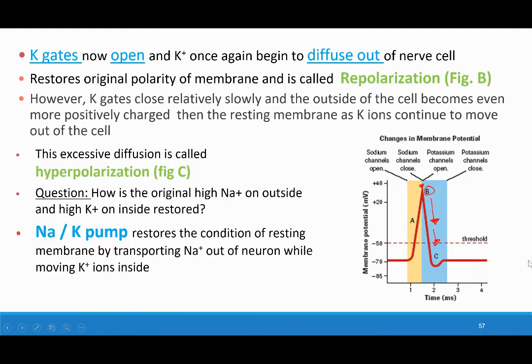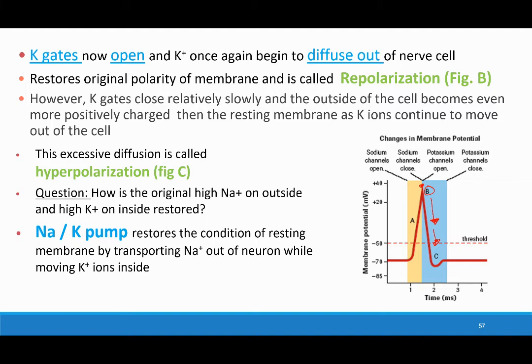You can see what's going to happen here is because the potassium-gated channels close slowly, this allows excess potassium ions to diffuse out of the axon.